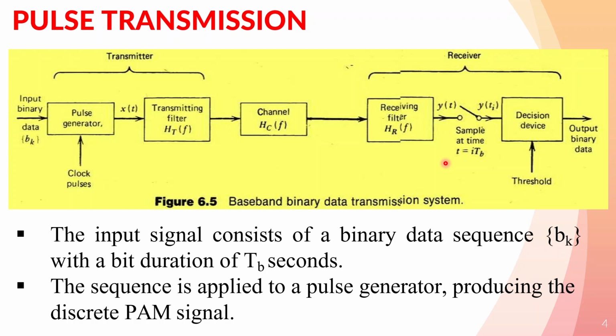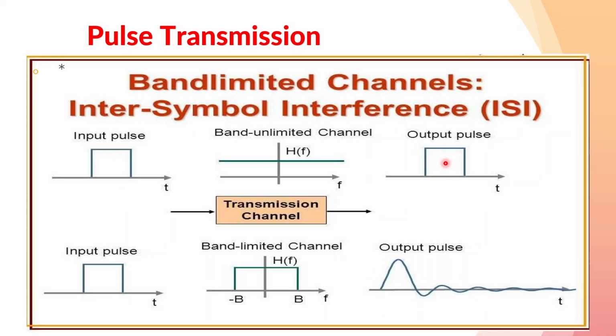Now in baseband transmission, we are having a channel in between transmitter and receiver. If that channel is band limited, then what will happen to the input pulse? Let us consider this is the input pulse, with x-axis time and y-axis amplitude.